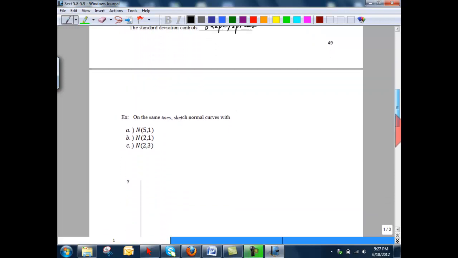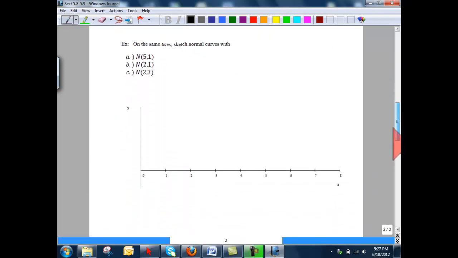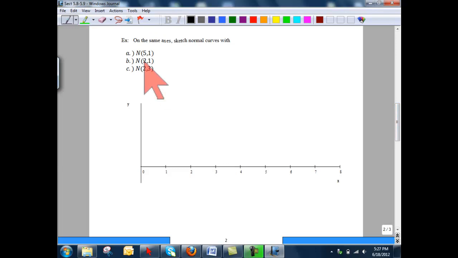Let's go ahead and sketch normal curves or bell curves with these means and standard deviations. First of all, with mean 5 and standard deviation 1. Here's 5, so that's going to be the peak of the bell curve, and then standard deviation 1 means we have to go out 1 unit before we change from concave down to concave up.